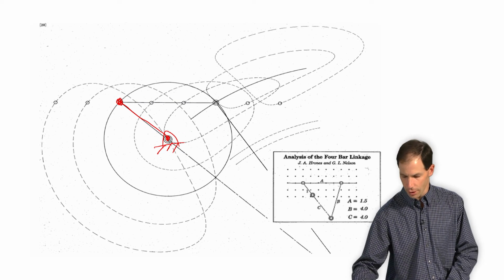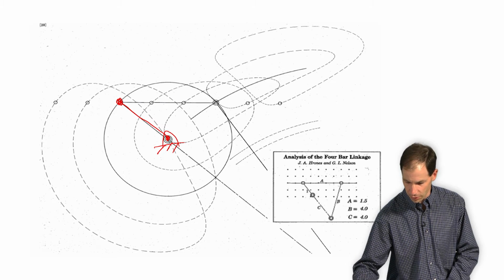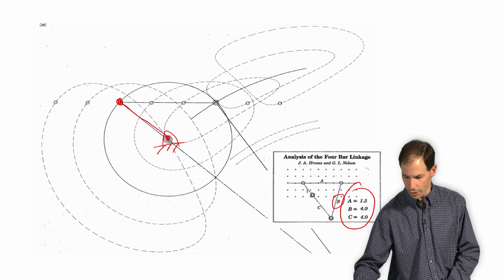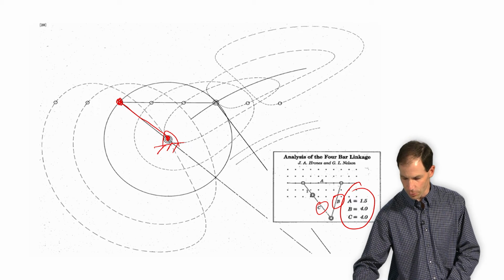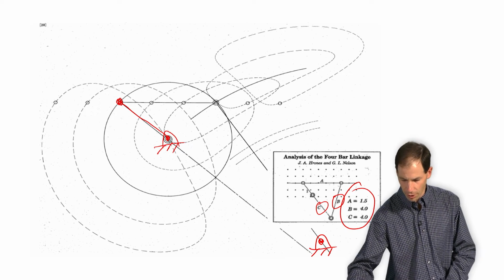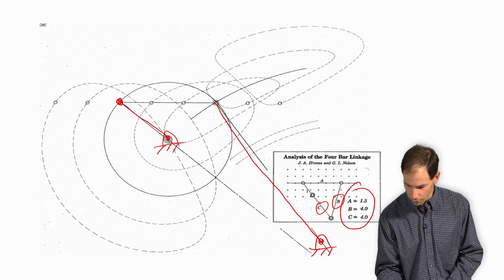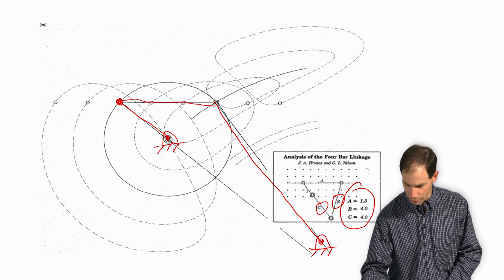My output link actually has a ground pivot and it's slightly off the page, but I get enough information within this table right here to tell me that the length of the output link is 4 in this case, and the length of the ground link is 4 as well. So hypothetically, let me just place it right here, even though I know it's slightly off of my page. And then my ground link will connect these, and then my coupler will connect these two moving pivots.